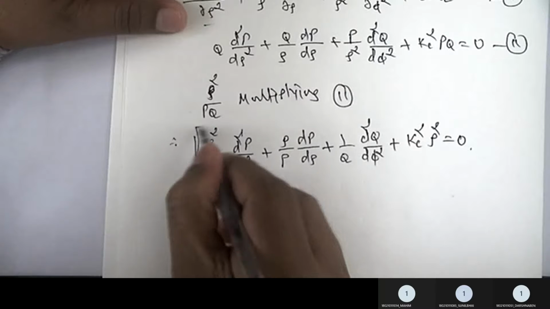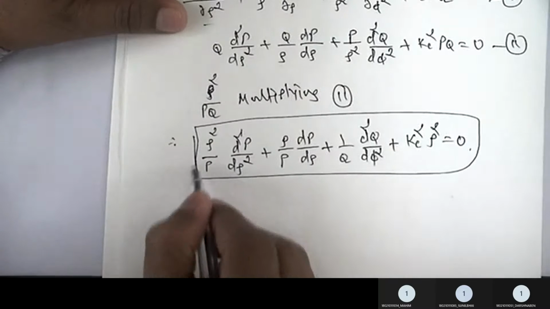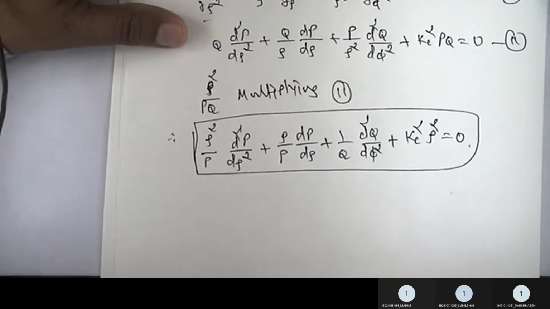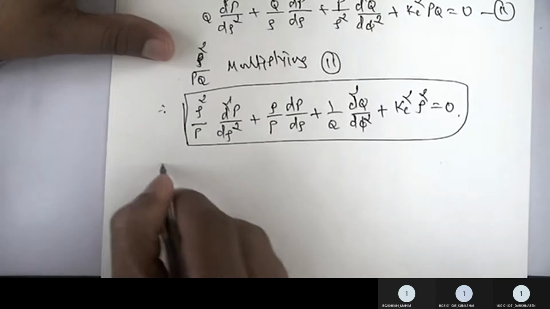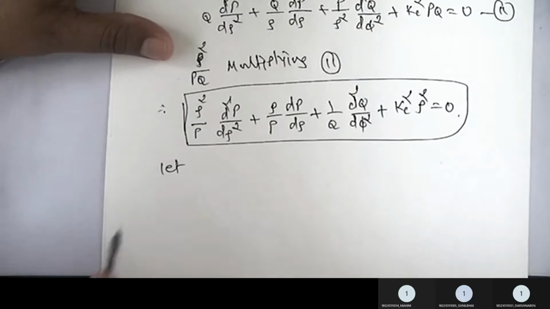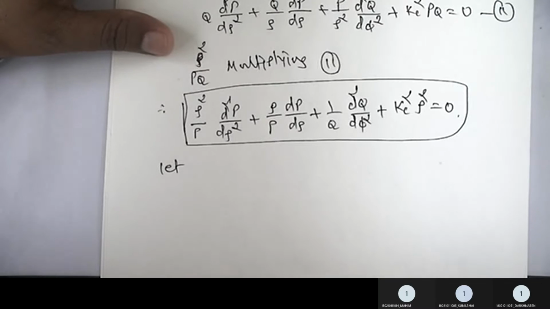So now I have such an expression where I can introduce one more term. What I have to do is separate out these p and q terms so that I can find the ultimate solution for p and q.